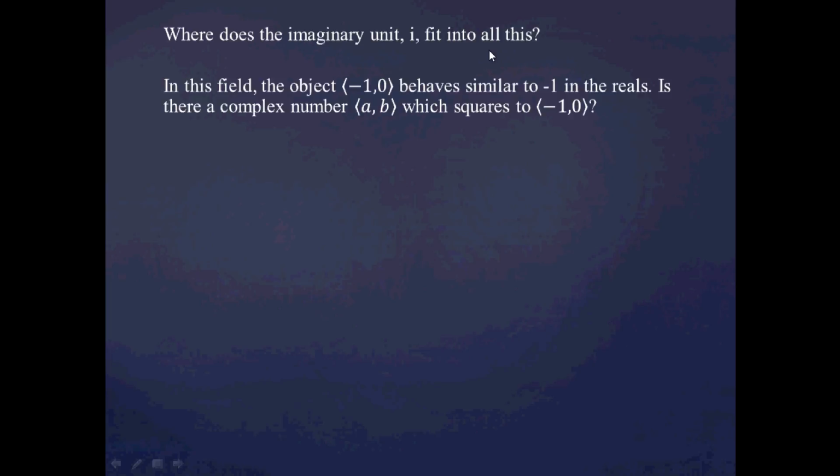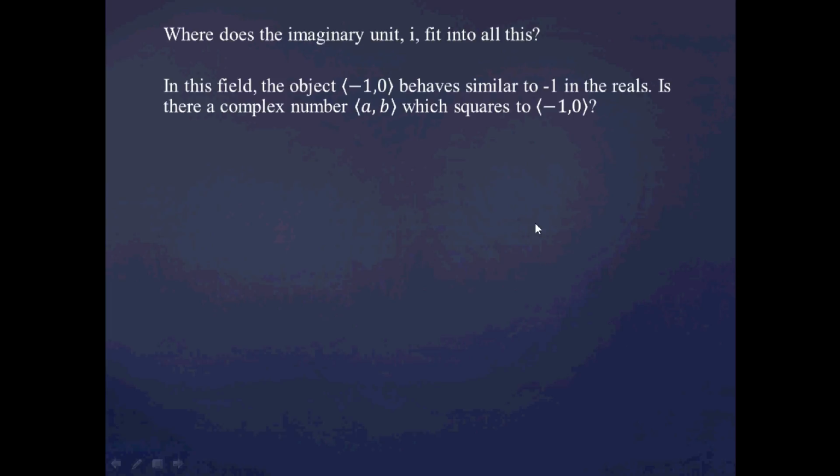So one observation that we can make is that the ordered pair (1, 0) behaves very similar to 1 in the real numbers in the sense that they're both the multiplicative identity. And furthermore, just by negation, the object (negative 1, 0) behaves very similar to minus 1 in the real numbers, since they're both the negative of the multiplicative identity.